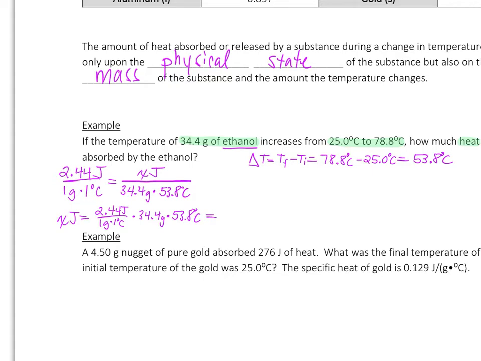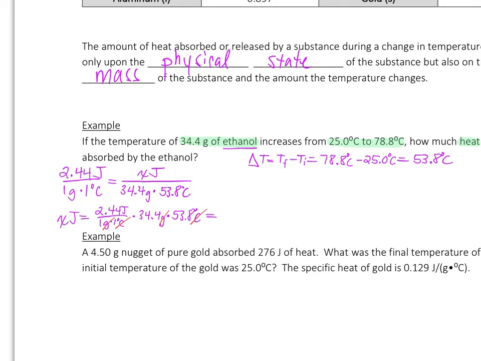You can go ahead and get rid of the units. Grams cancel, degrees Celsius cancel, and now all we do is multiply. 2.44 times 34.4 times 53.8.